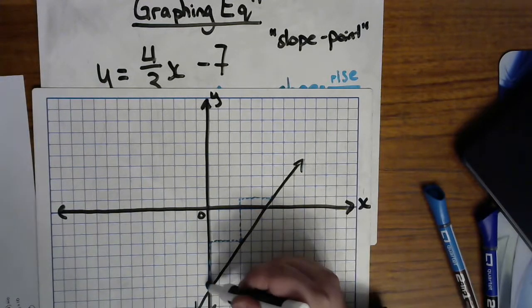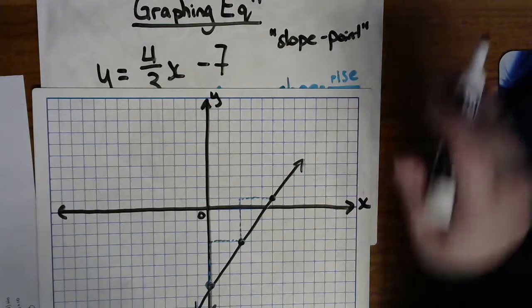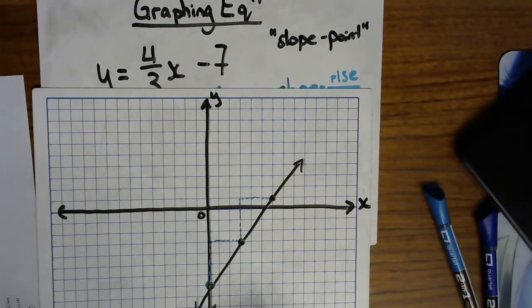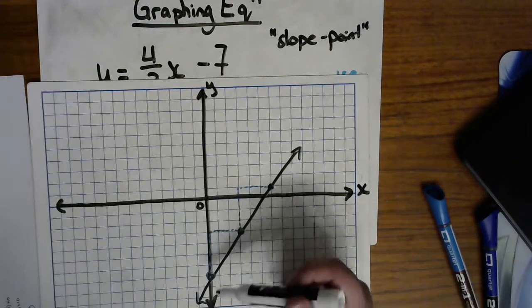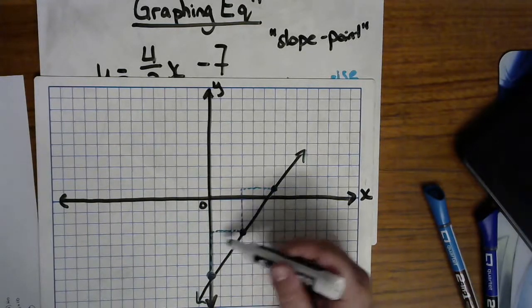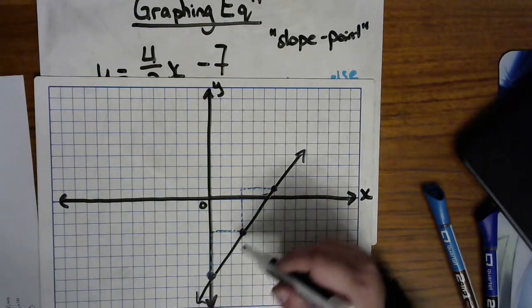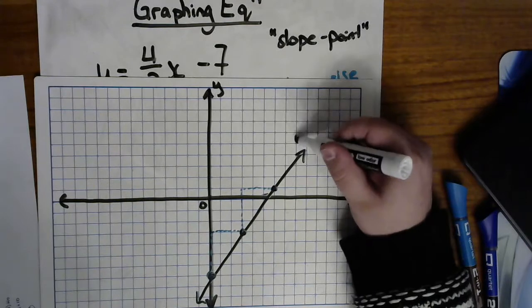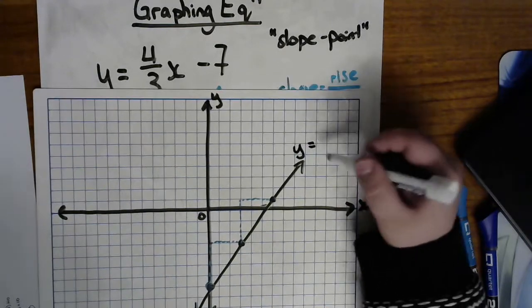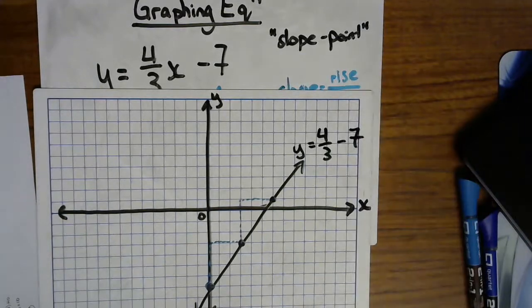I could find these infinitely along this line. But once we have our starting point, we put a dot, and we use our slope to determine how we move from point to point, and then we connect our dots with a straight line, this is the basic skill of graphing an equation of a line.